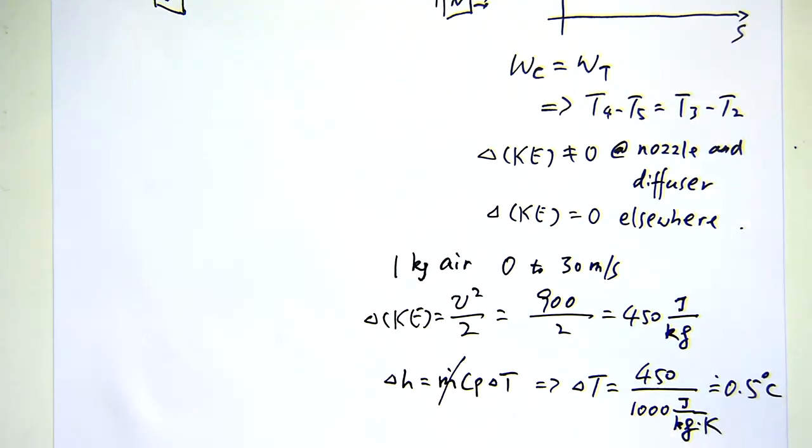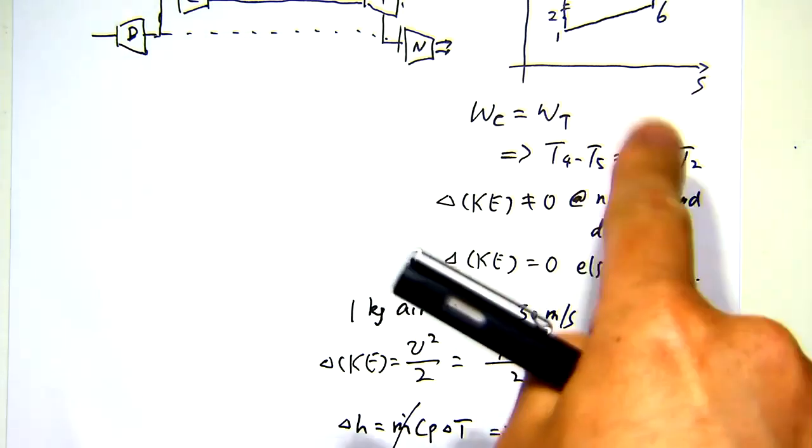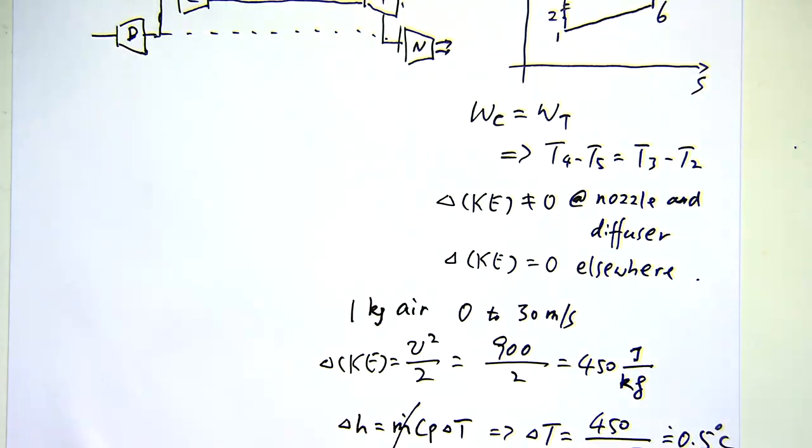So even if the air is accelerated from 0 to over 100 kilometers per hour, you can only raise the temperature by half a degree. That's basically nothing compared to the temperature change going through the thermodynamic cycle. So that's something to be aware of.